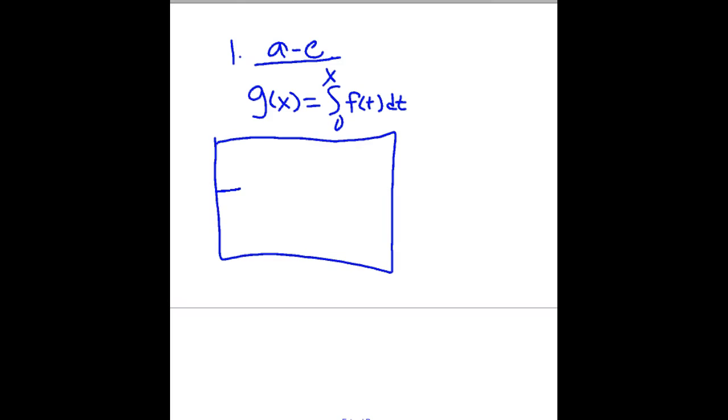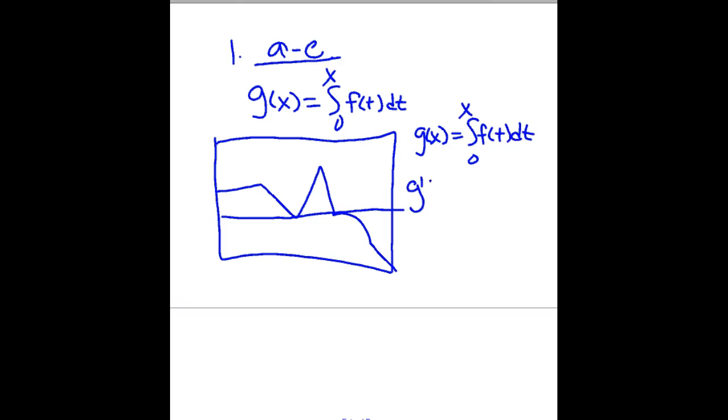You have the graph that goes like this, this, this, this, and then there's a little quarter circle and then a dip. And on the side, I want you to do what I did on those other ones. Write g of x is accumulating area under the curve of f.